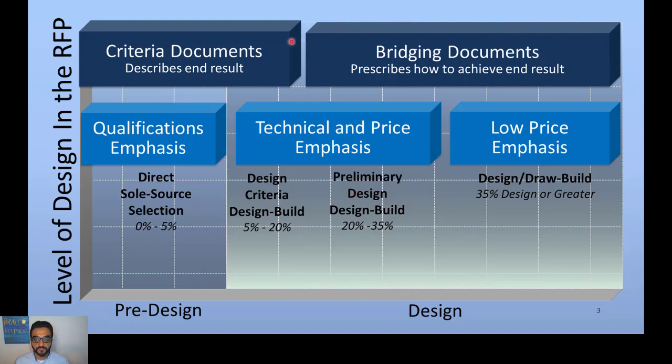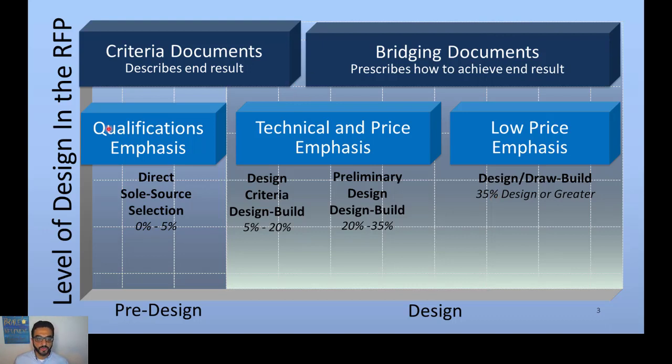The top level here is the type of documents used in design-build projects: the criteria documents and the bridging documents. Over the design effort, there's the pre-design phase and the detail design phase. The pre-design phase matches with the level of development of design: 0 to 5%, 5 to 20%, 20 to 35%, and then greater than 35%.